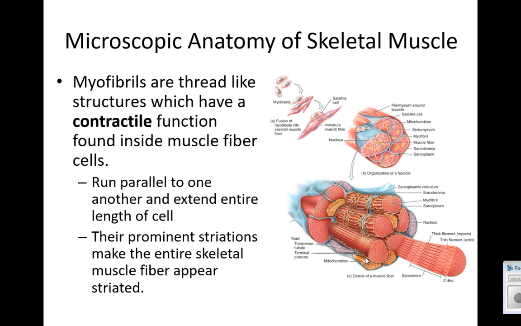To get them to contract, we need to first release calcium. And in order for calcium to be released, we have to transmit that action potential from the outside of the cell to the inside of the cell. I drew it up here last hour to show what I'm talking about.